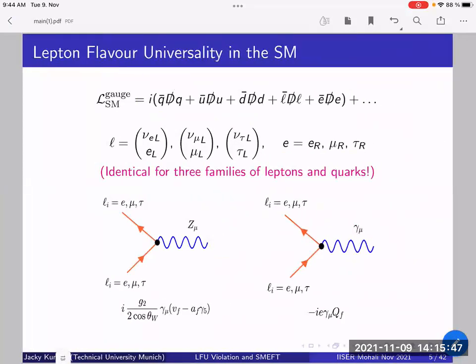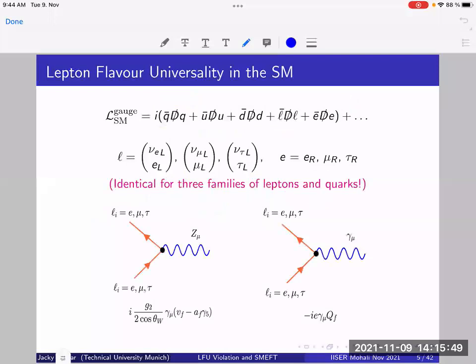Now if we look at the corresponding vertices, when you expand this part, you will get the interaction of the Z boson with the leptons. Here L_i, i is the family index; it can be e, mu, and tau. For all three families, the strength of this vertex is the same.